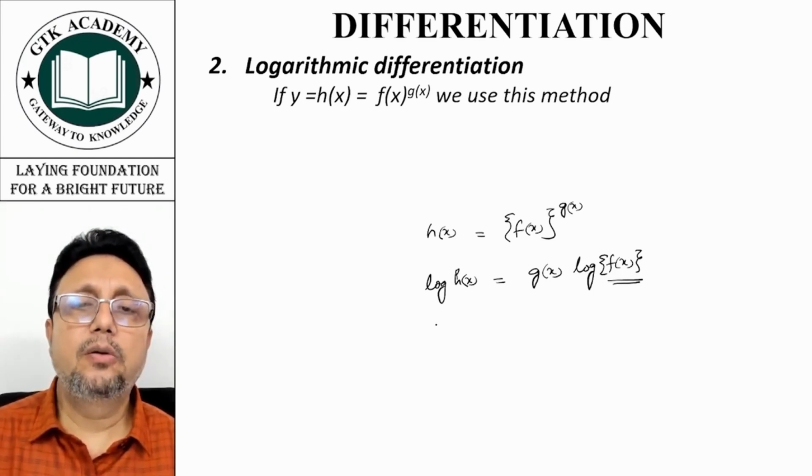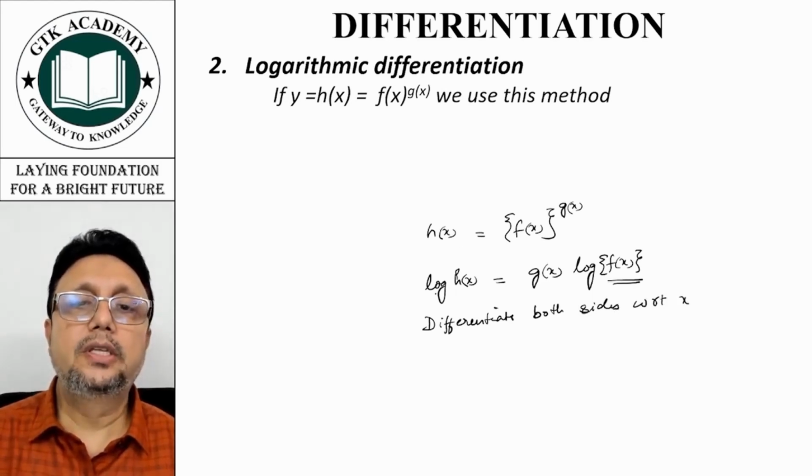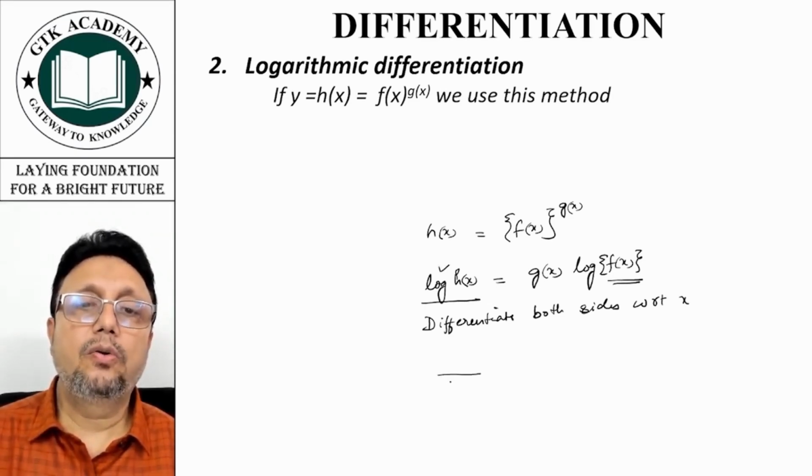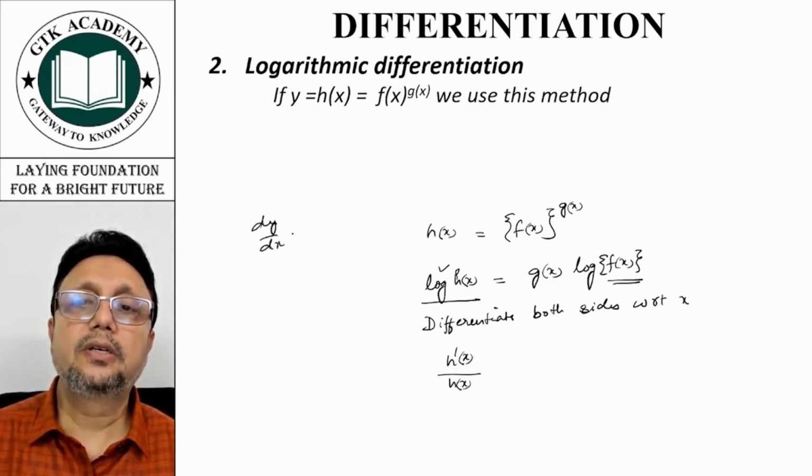Now differentiate both sides with respect to x. Now this is a composite function on the left side. First of all, you will differentiate log with respect to h(x), so it will be h dash x upon h(x) here, and then you have to differentiate this one. Now we require to find dy by dx, which is h dash x only. So this is the thing which we require to find.